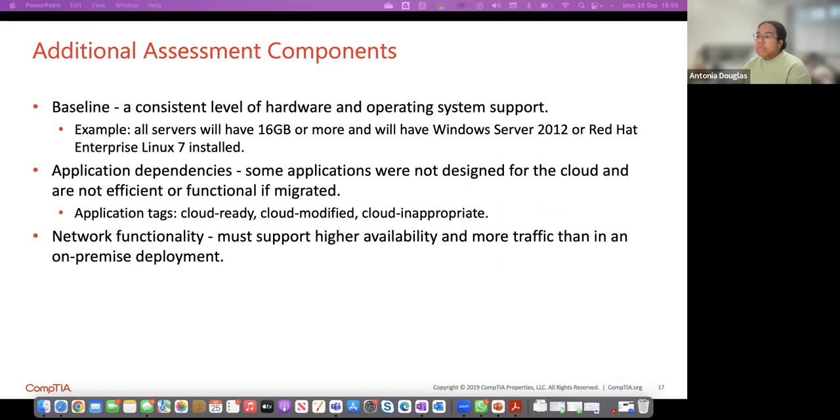So, additional assessment components. Again, I have a security background, so this is where my mind is going. IT infrastructure must be baselined. What we mean by that is ensuring that there is a consistent level of hardware and operating systems that are deployed. For example, all servers must have 16 gigs or more, and will have Windows Server 12 or Red Hat RHEL 7 installed.